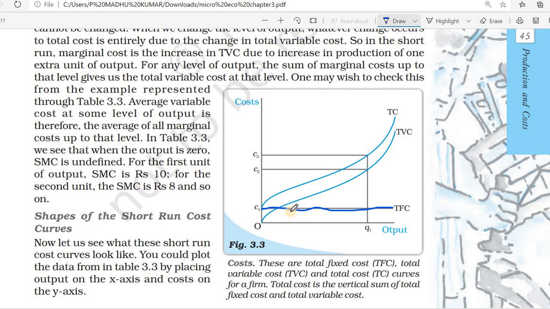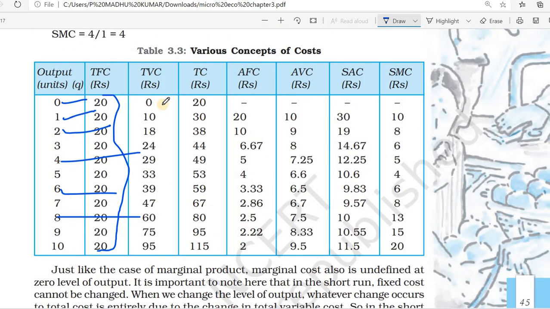It is fixed. In the case of total variable cost, first it is 0. After that it is 10. Then it is 18. It is increasing, because we know one factor we are varying.